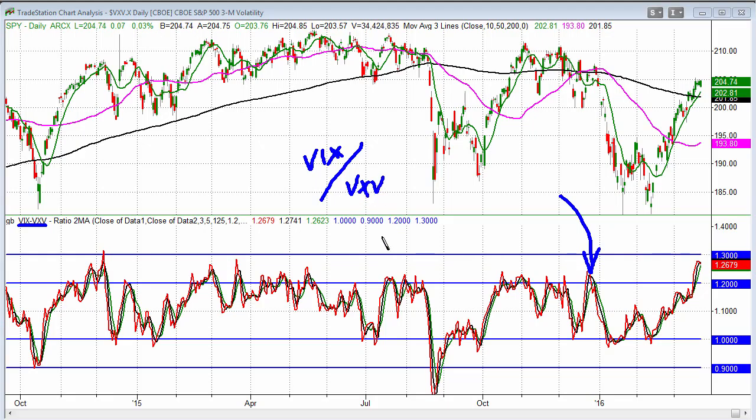So without getting too technical, the idea here is when that ratio becomes too high on the upside, you've got excessive sentiment, and as with all sentiment indicators, that often coincides with markets topping out, or at least going sideways.